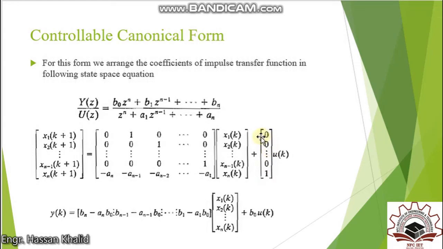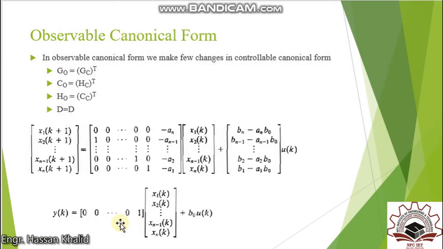It will become a horizontal row, and that will be my C vector for the output matrix, while the D is same. And if I want to obtain the H for the observable matrix, I need to take the transpose of the C controllable canonical form. So this is how I actually write the observable canonical form, by taking the transpose of the respective elements matrix.